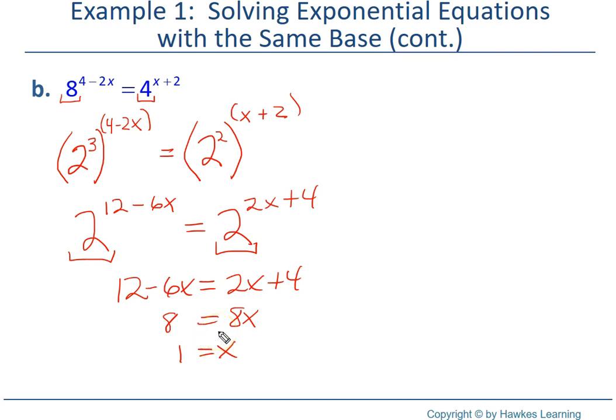Okay, and let's check this, because we haven't been checking things here. If x is 1 up here, we have this as 4, and this is a 1 here. We're going to subtract 2. So this will give us 8 to the second.